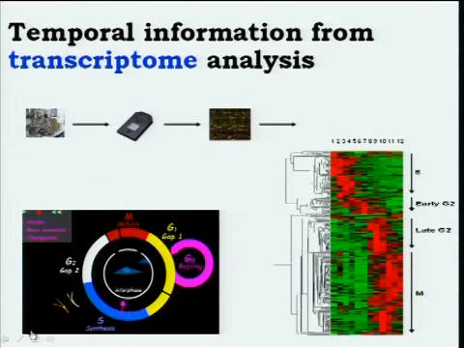And one way to identify cell cycle regulated genes is of course to synchronize cell cultures and then make experiments at different time points, and then you can follow certain genes that are peaking in different cell cycle phases, for example the S phase and so on.